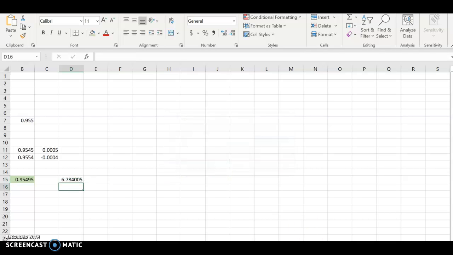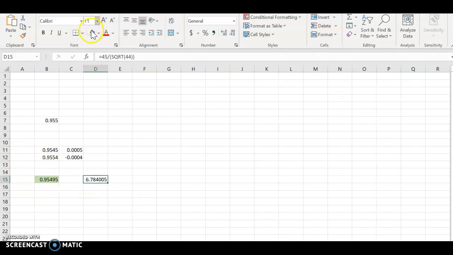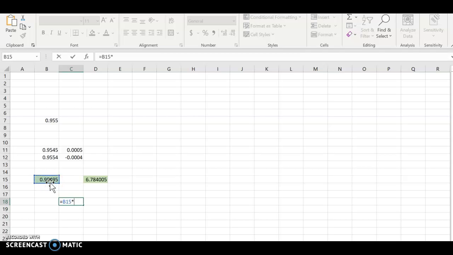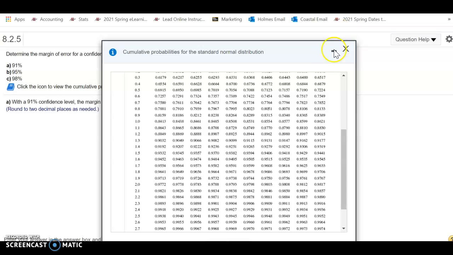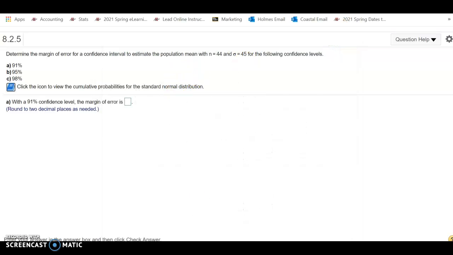And yes, we'll add a parenthesis. All right, so now these are our two numbers. This is the Z value and this is the standard error, so we need to multiply those together. So this times this, and something's off there. Let's see what we did wrong.